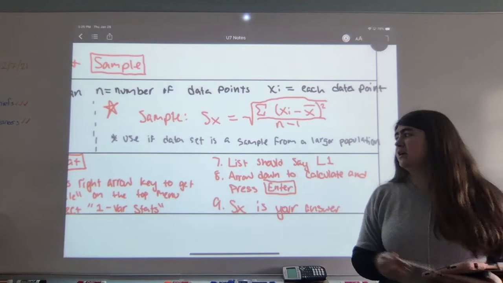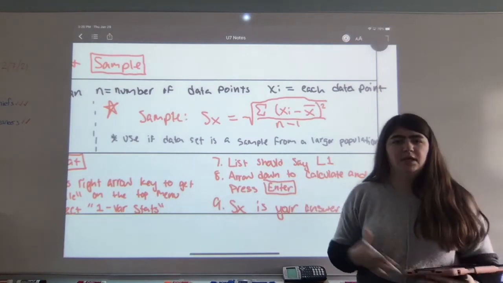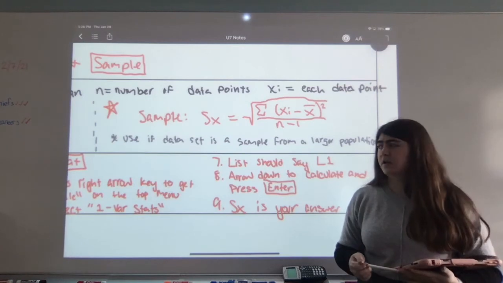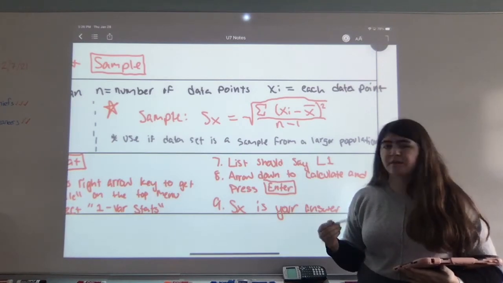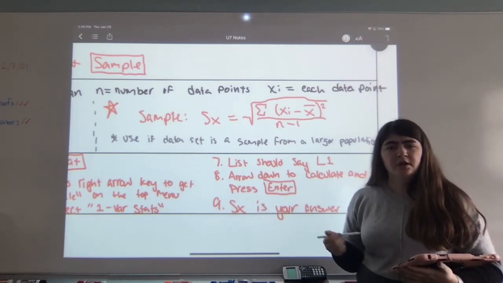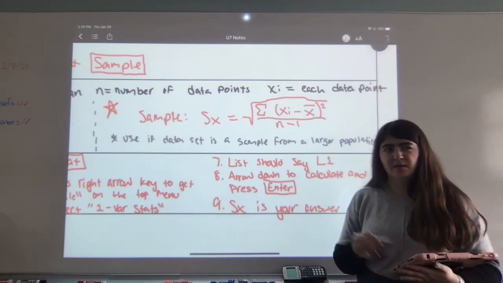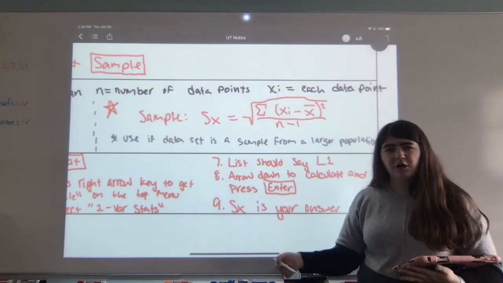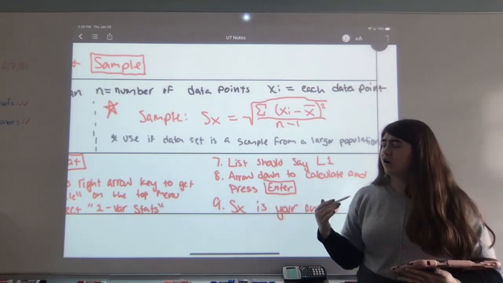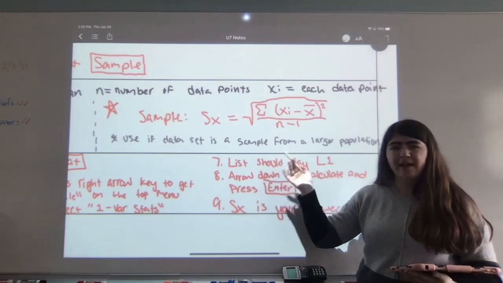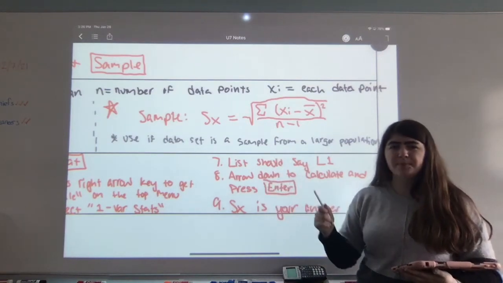Typically, when you see statistics shown in news articles, anything you might see from the school, other types of data, or something you might see in a commercial, when you see those commercials for medicine and they say some people might experience all these symptoms, those are all statistics that come from a sample, because they have not tested the entire population.